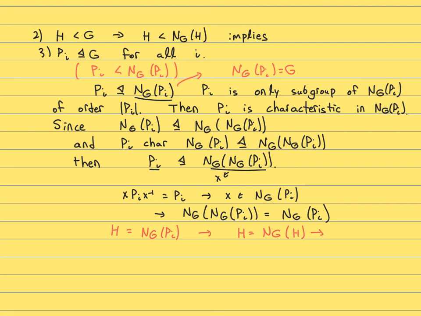And so by the contrapositive of 2, we now have H is equal to G. So N_G(Pi) is equal to Pi, which by definition of normalizers means that Pi is equal to G, which means that Pi is normal in G. So the contrapositive of 2 is only used on the very last step.